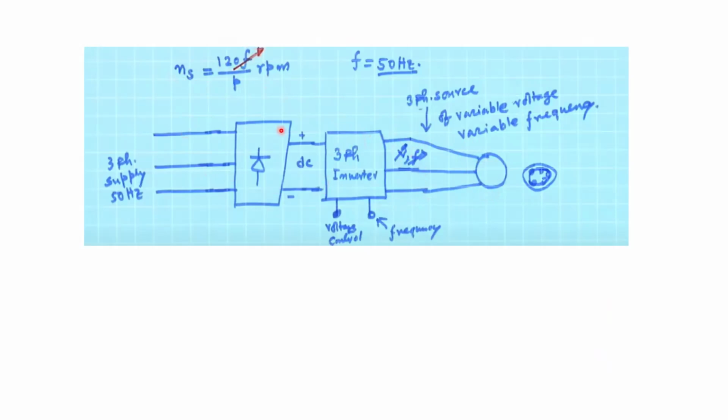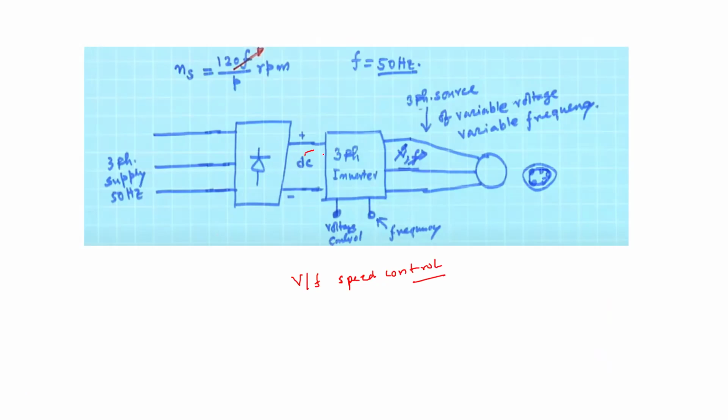Here you will see the V by f control method. This is known as V by f speed control, and it is generally used with the induction machine. Here you have a rectifier, because the inverter needs a DC supply. To give the DC supply from the three-phase AC supply, you use a rectifier.